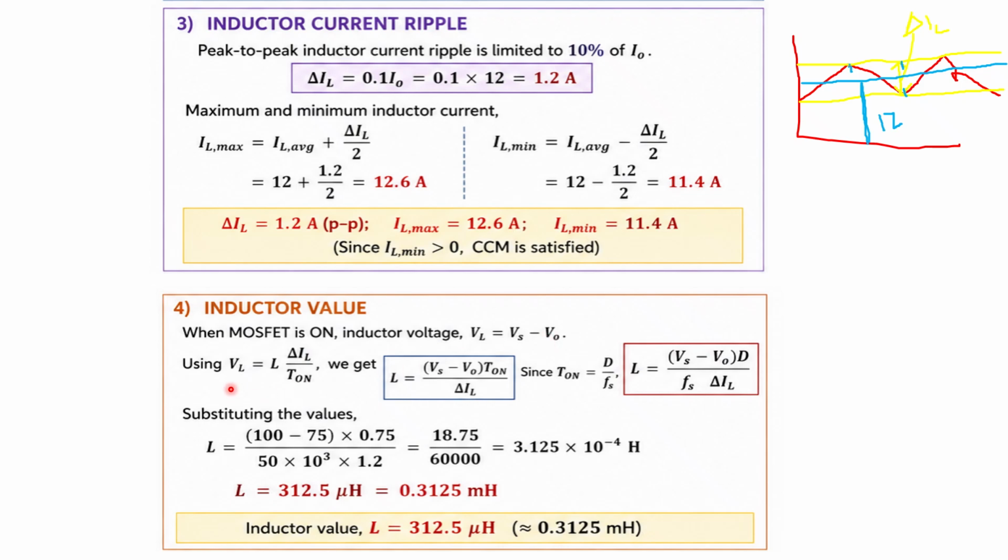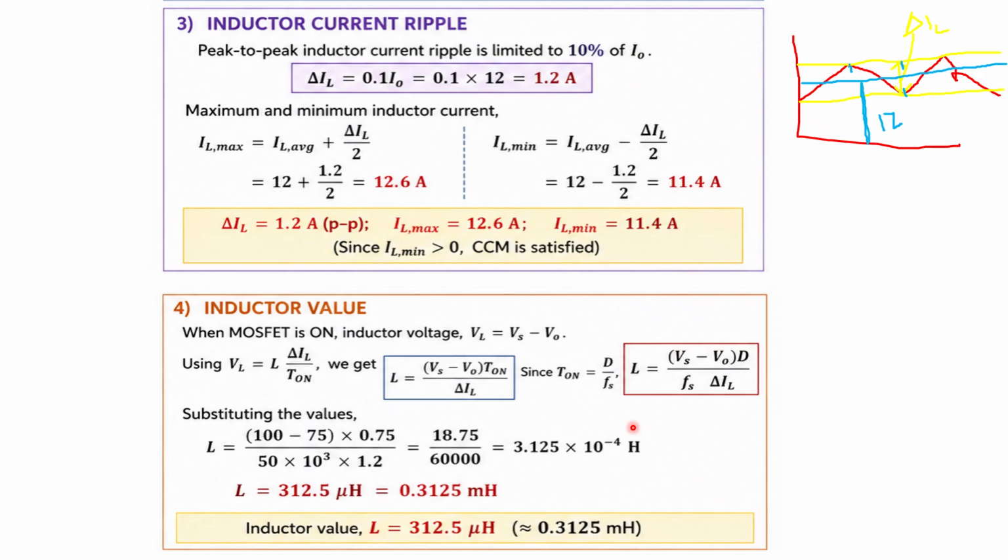Using VL equal to L delta IL by T1, as we have already derived in the previous lecture, L is equal to Vs minus V0 into T1 divided by delta IL, and T1 can be represented by D by Fs. T1 is D divided by Fs.